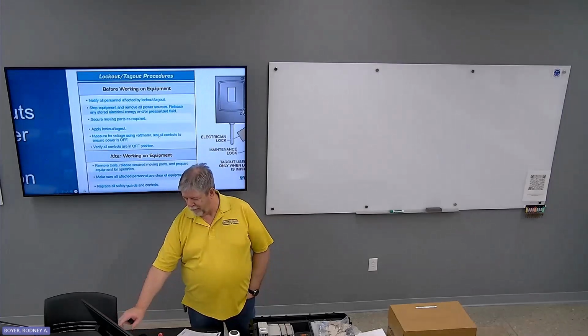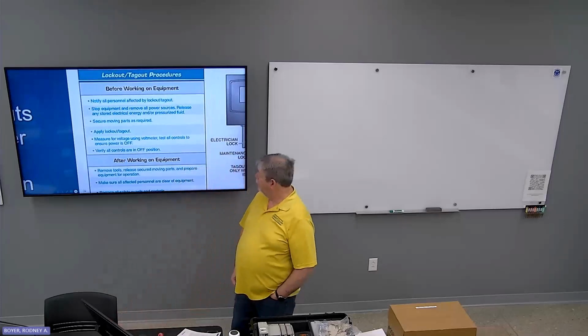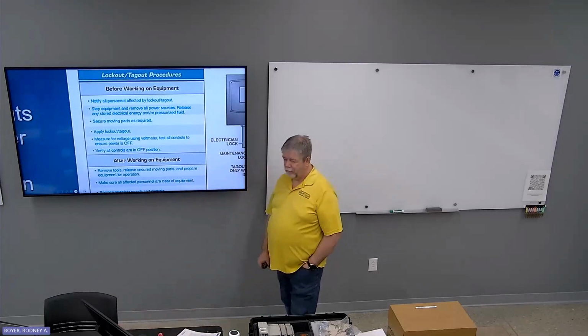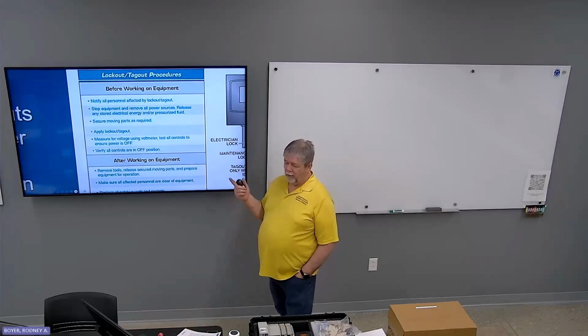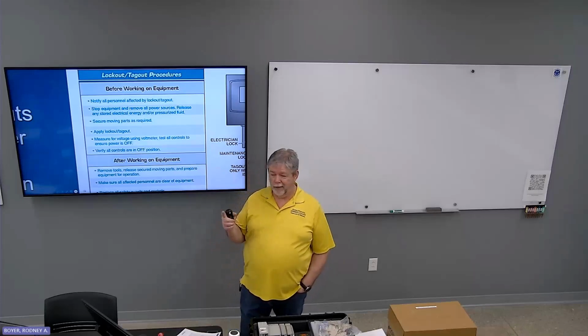This is a truncated version of the procedure. Notify all personnel affected. You are going to have to learn and remember what is affected, what is authorized, and so on.